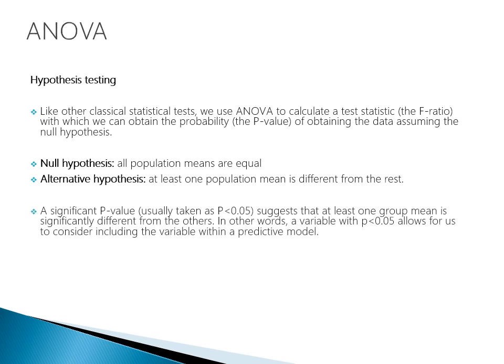A significant p-value, usually taken as a probability less than 0.05, suggests that at least one group mean is significantly different from the others. In other words, a variable with a p-value of 0.05 or less allows us to consider including the variable within a predictive model.